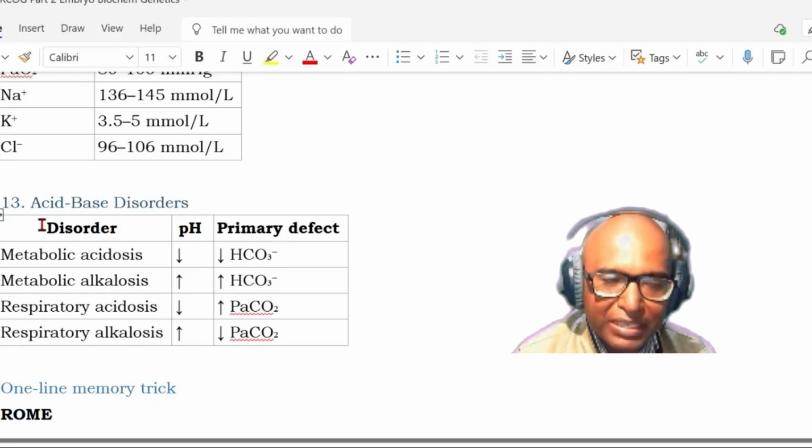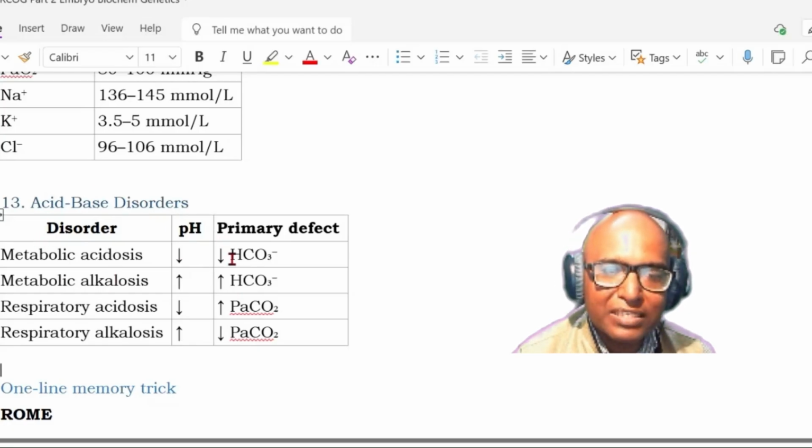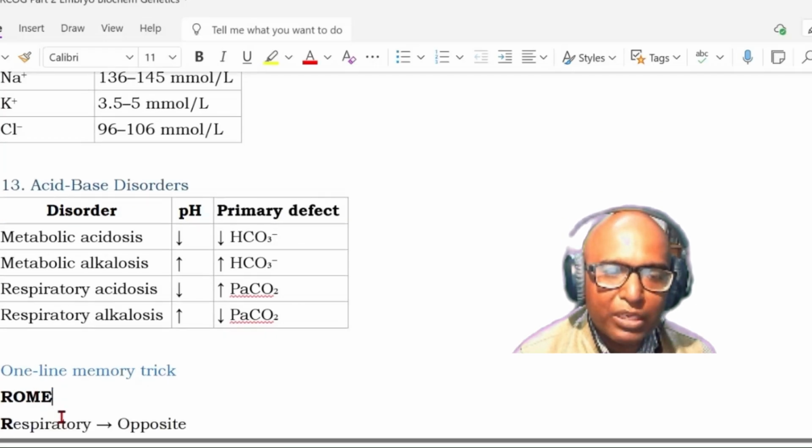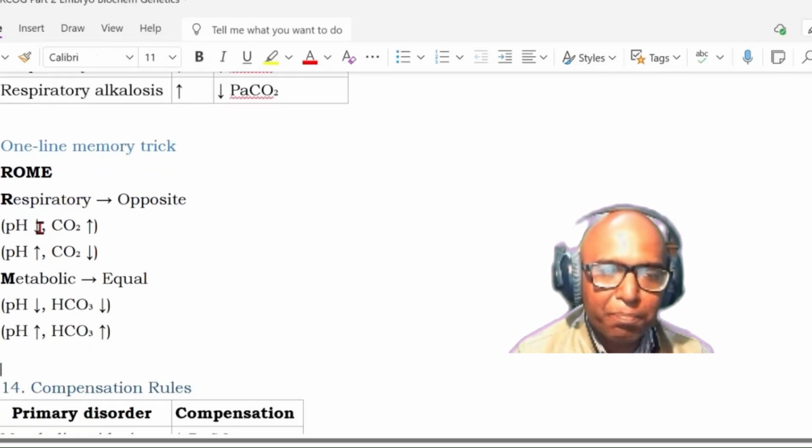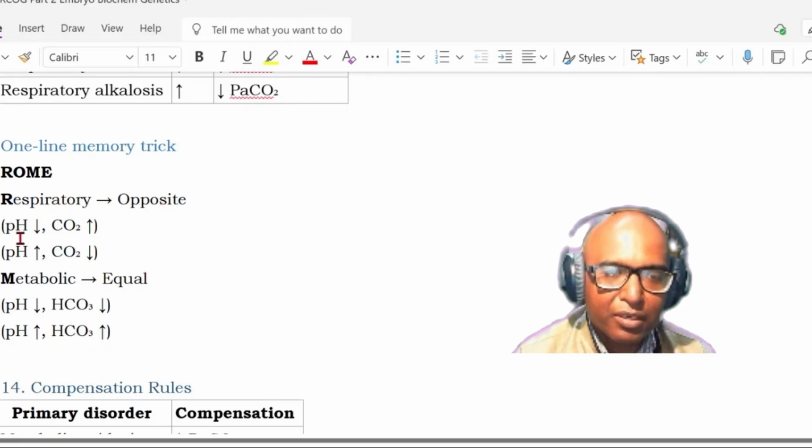Okay. But if it is metabolic acidosis, it goes in the same direction. Metabolic will deal with bicarbonates, respiratory will deal with PaCO2. So it goes in the same direction with metabolic, it goes in the opposite direction with the respiratory. The mnemonic is ROME: respiratory opposite, metabolic equal. pH is reduced, PaCO2 is increased, respiratory opposite; pH is increased, CO2 is reduced.